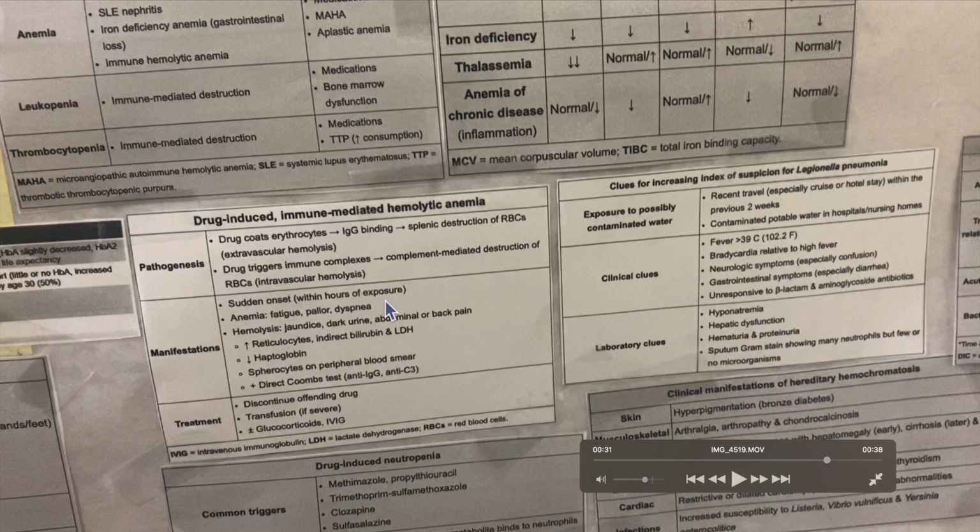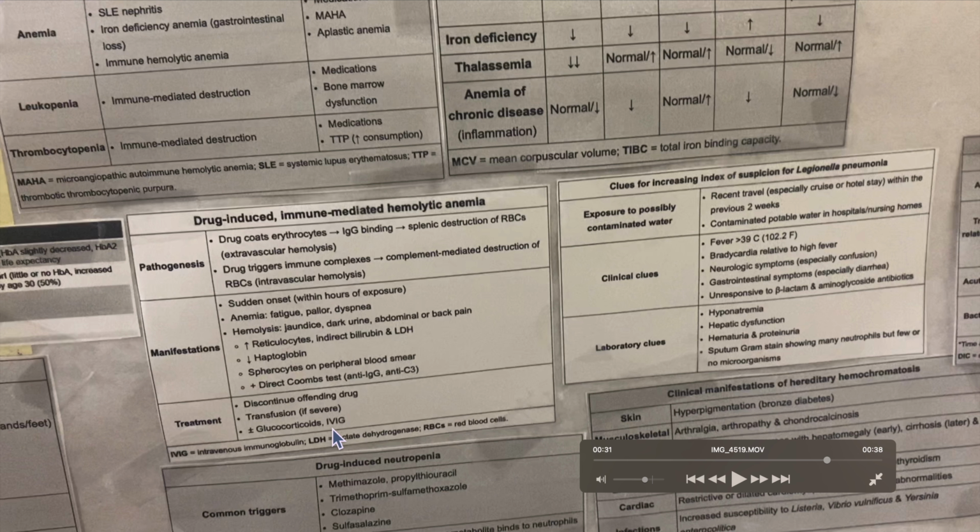Manifestation is sudden onset within hours of exposure: anemia, fatigue, pallor, dyspnea, hemolysis, jaundice, dark urine, abdominal or back pain, increased reticulocytes, indirect bilirubin, and LDH, decrease in haptoglobin, spherocytosis on peripheral blood smear, plus direct Coombs test, anti-IgG and anti-C3. Treatment here is discontinue the offending drug, transfusion if severe, and with or without glucocorticoids.